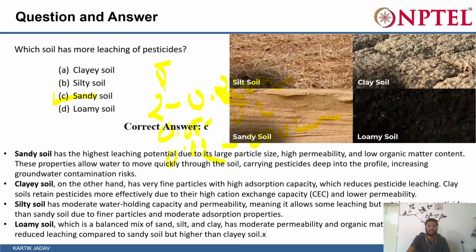So this is the particle size distribution, and this directly impacts each soil's properties, whether physical, chemical, or biological. In case of leaching, sandy soil has more, larger pore space available. So it is not able to hold much water, and that ultimately leads to leaching.